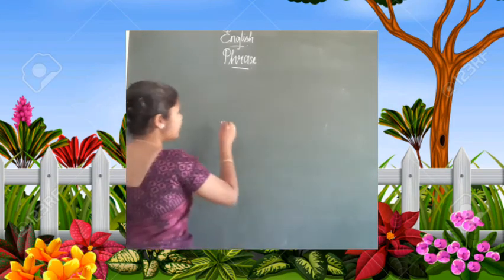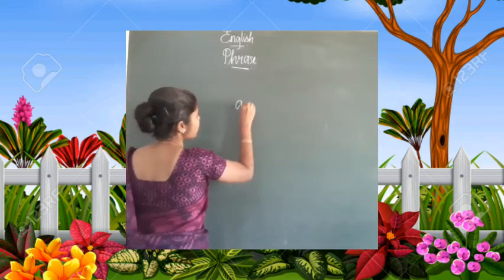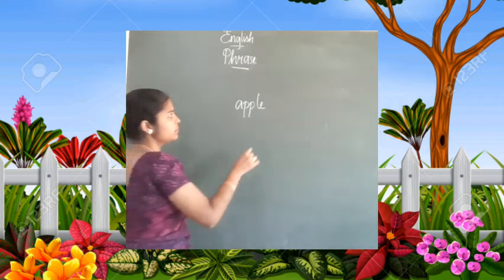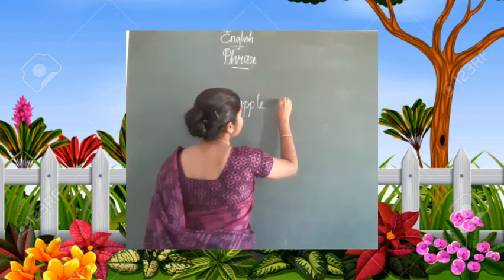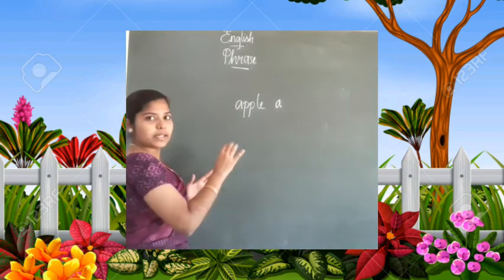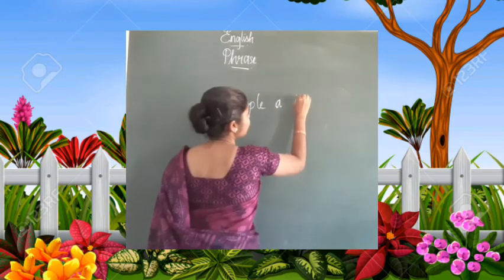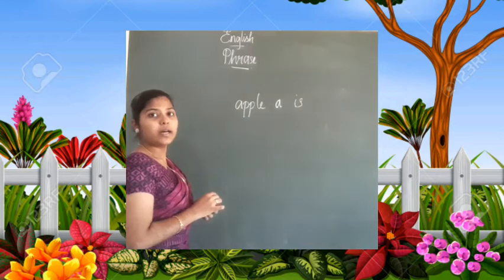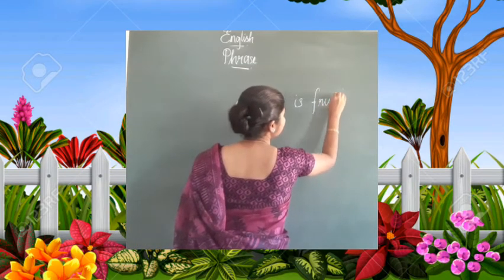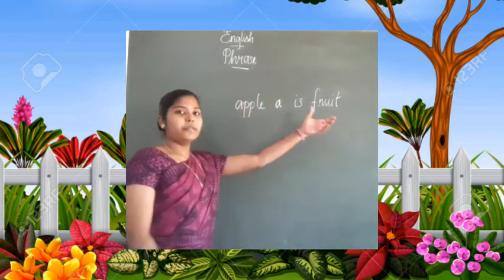So words, for example, I write apple. This is a word. This is also a word. Fruit.